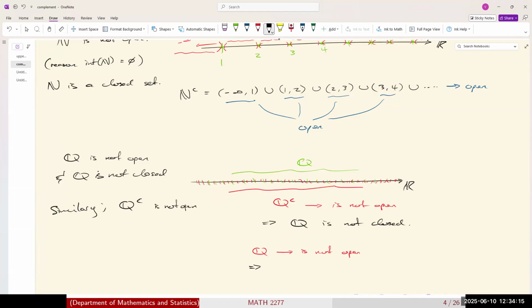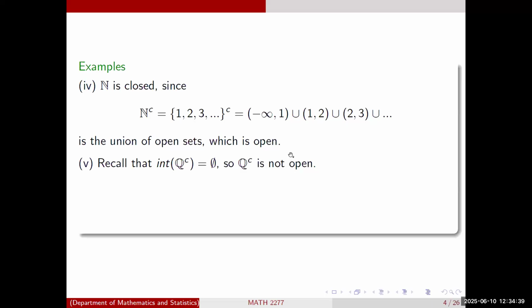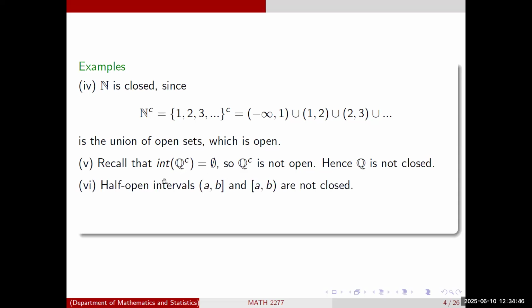Remember, if a set is not open, its complement is not closed. So Q^C, the irrational numbers, is not closed. Right, so that's the argument they're making here. Same argument.